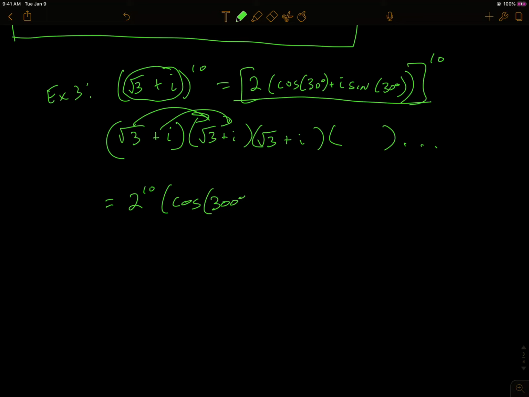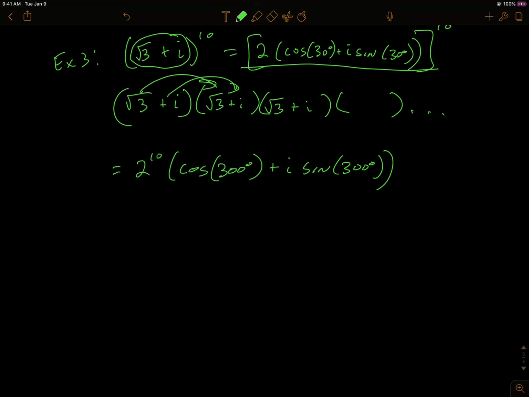So it would be 300 plus i sine of 300. It's so much easier to raise a complex number to a high power if it's in polar form. And it has other applications as well that we may see if we get into it.